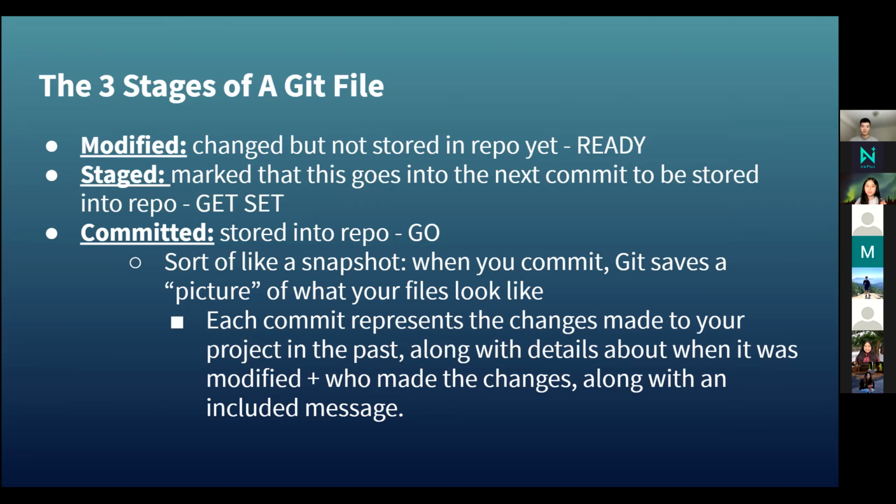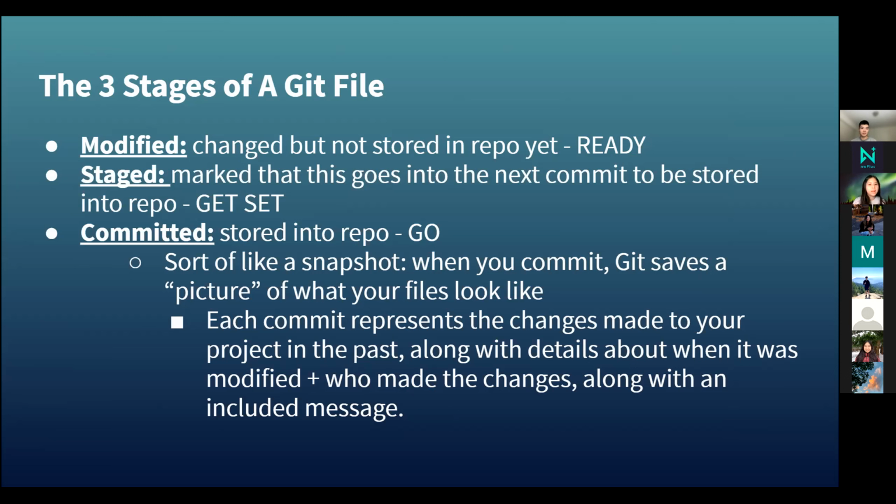You want to, of course, mark those changes, so you will stage your code when you enter stage two. This marks whatever your code is, marking that it goes into the next commit to be stored in your repository. Your third stage is committing, which is you storing your Git file into your repository.